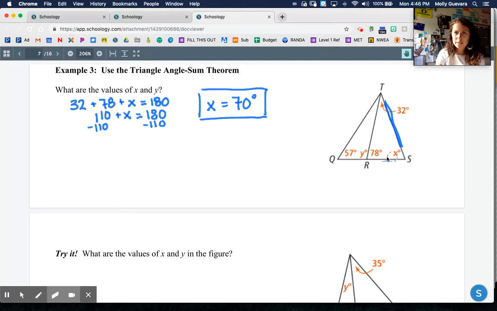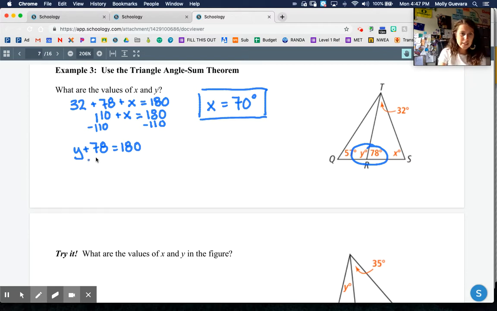Let's get rid of this. Now I want to find y. Well, y, I see this right here. y and 78 are a linear pair. So y plus 78 equals 180. I don't even have to use the triangle angle sum theorem. I'm just using supplementary angles.